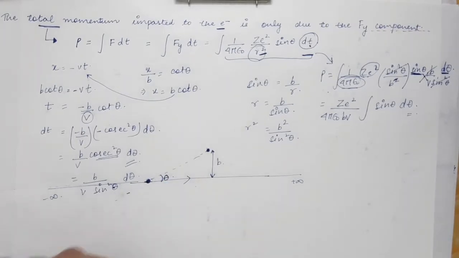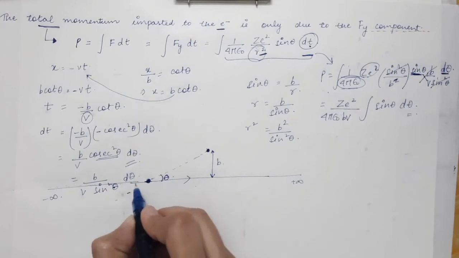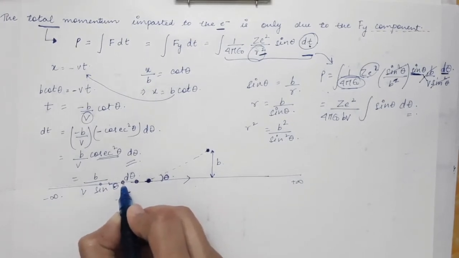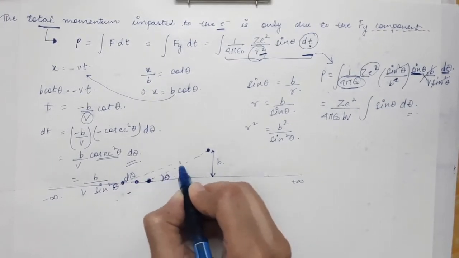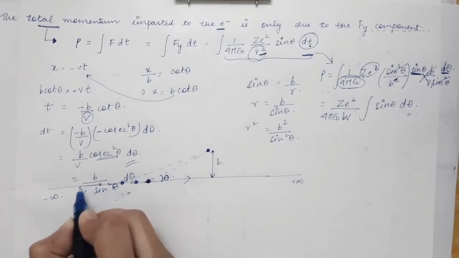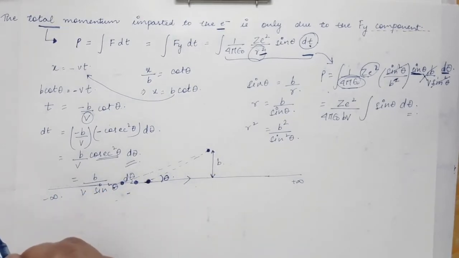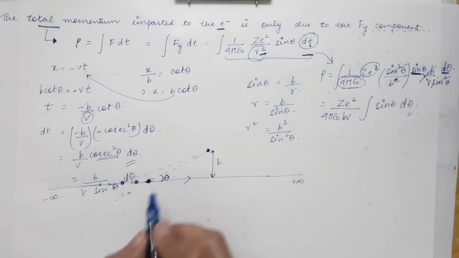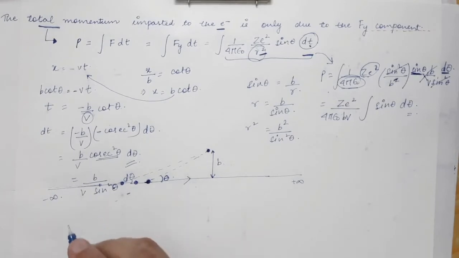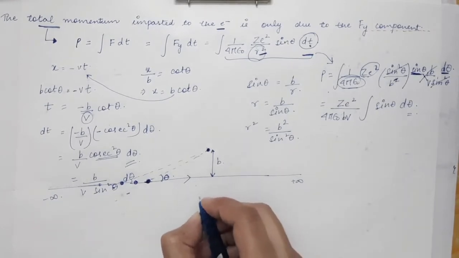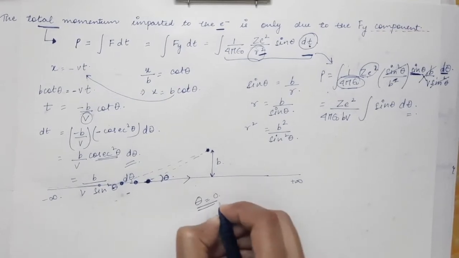What will be the lower limit of theta? As you move away from this point towards the minus infinity direction, the angle theta will start decreasing. So the lower limit of theta will be equal to 0.